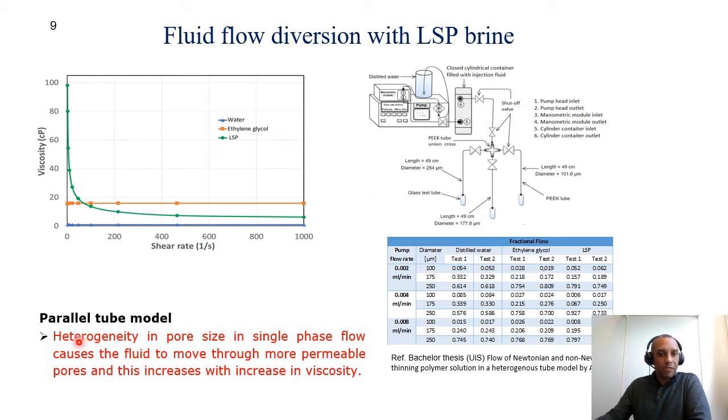With water, we observed that the heterogeneity in pore size, with a single phase, induces the flow to go through the more permeable diameters. And with the low salinity polymer, these differences only increased. So the polymer was very selective in that regard.